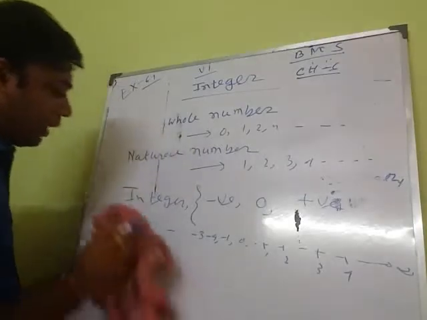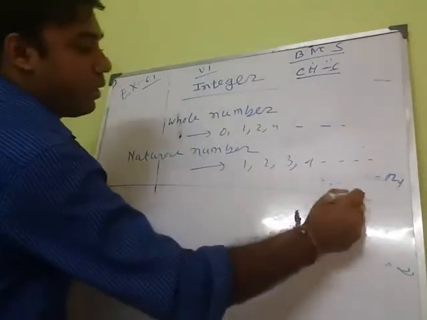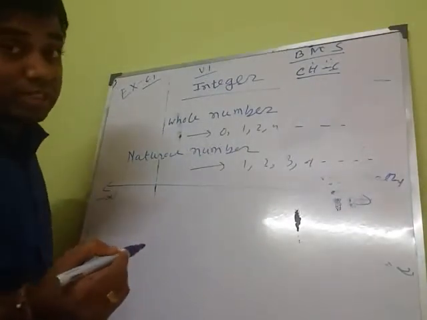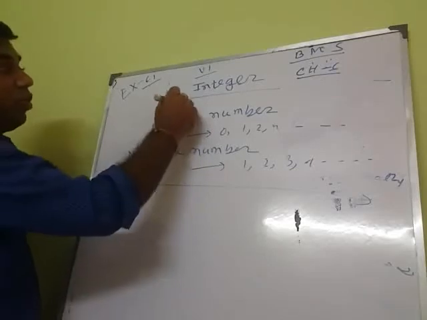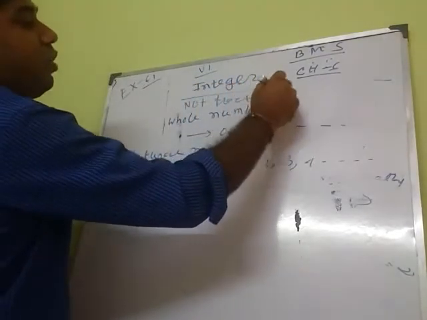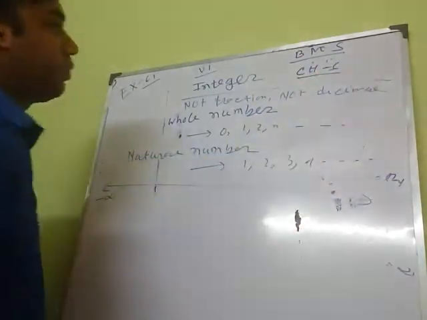If I draw a number line, from the negative numbers, integers are not fractions and not decimals. Always remember, not fraction, not decimal.